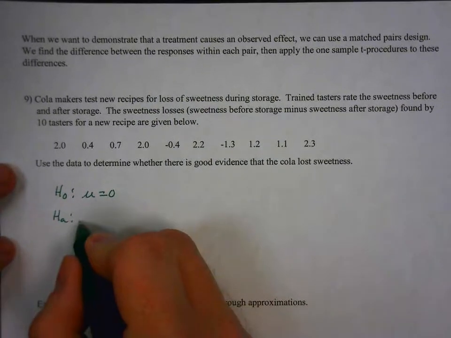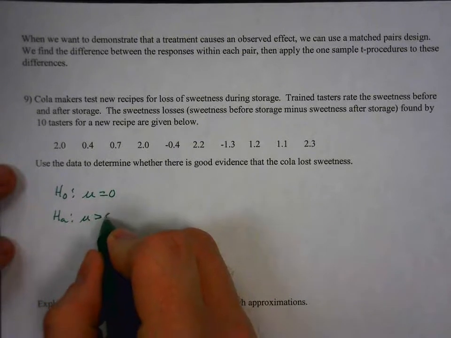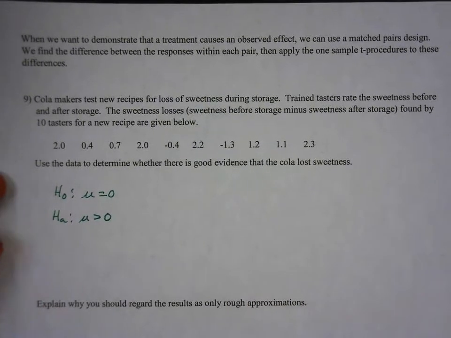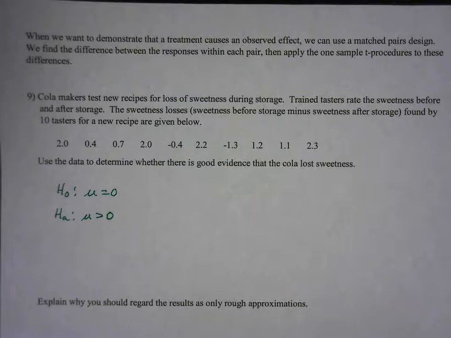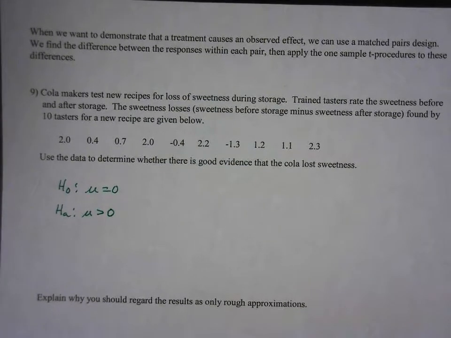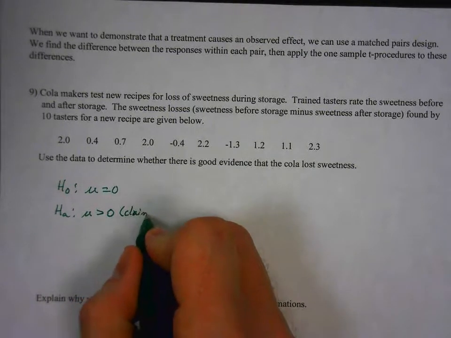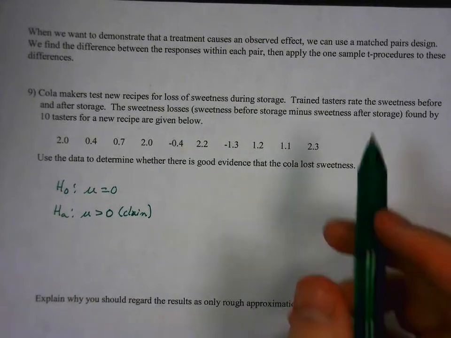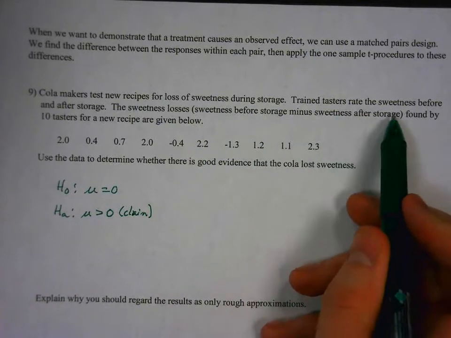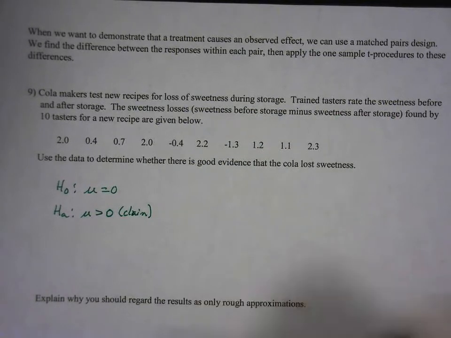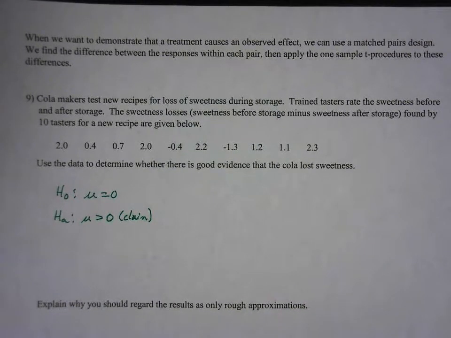The alternative will be that mu is greater than 0. Again, basically saying if you take the before minus after and you get a positive number, that means that you lost sweetness.